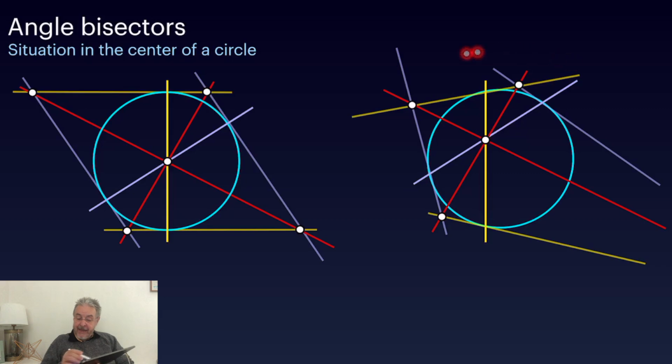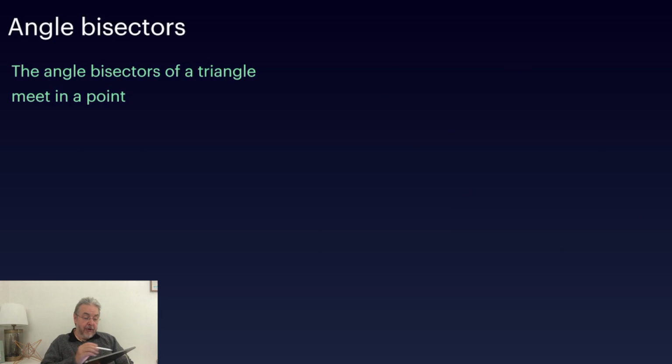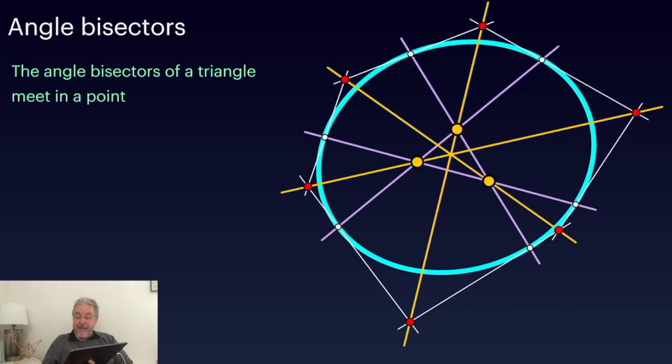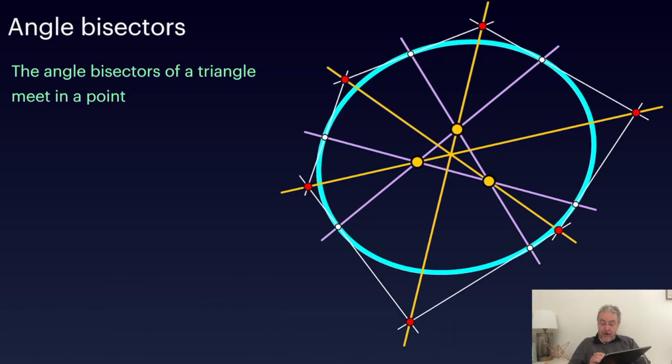So now let's take this characterization of angle bisectors and look at the following theorem. The angle bisectors of a triangle meet in a point. And here's a picture. What you see here is the following. I've drawn these 3 points that form my triangle. I've drawn these tangents that I need to construct the angle bisectors, and I get those points and I have to connect them.